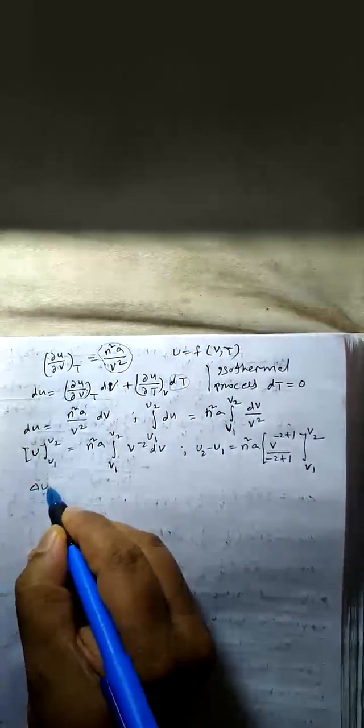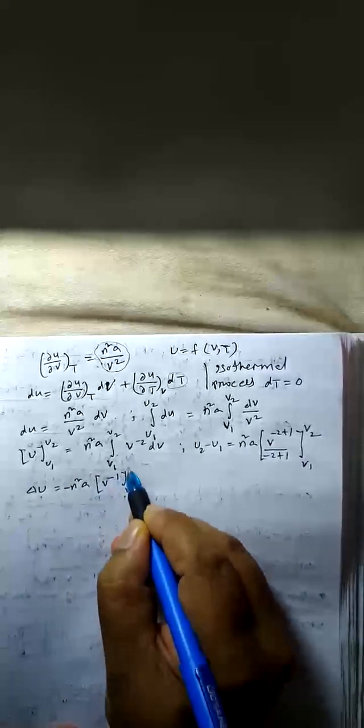Okay. U2 minus U1 is called delta U, change in internal energy. n² a times V to the power minus 1 divided by minus 1, here I put minus, then limits V1 to V2. What we get?